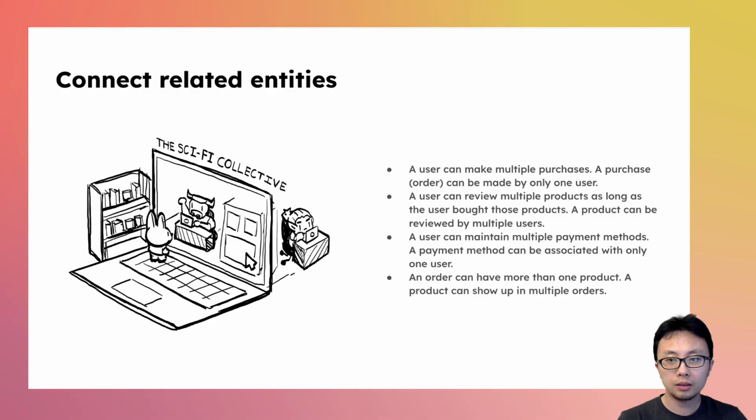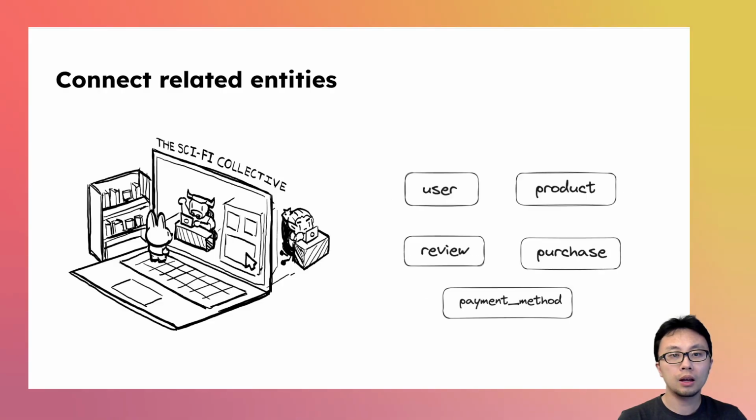This step doesn't involve attributes, at least not yet. So we can simplify our representations of entities by hiding the attributes for now. So we only have 6 entities representing user, product, product review, purchase records of users, and payment methods.